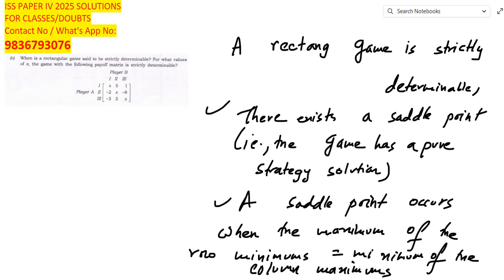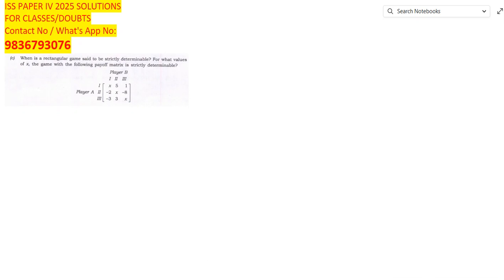Okay, so now we will write here, it is given: x 5 1; minus 2 x minus 8; 3 minus 3 3x. Okay, so if you remember how we find out the row minimum: it's the smallest entry per row.